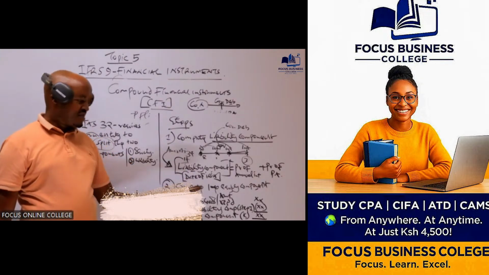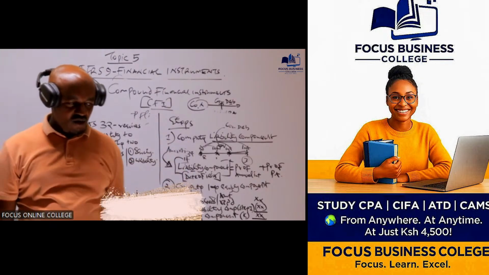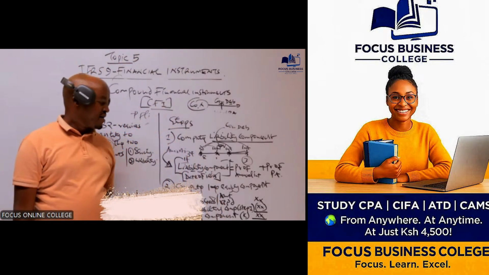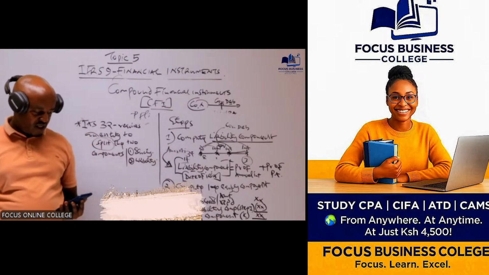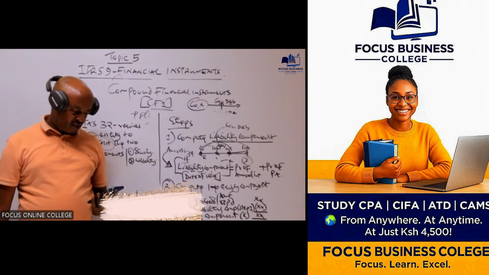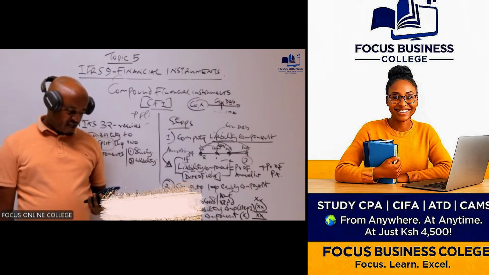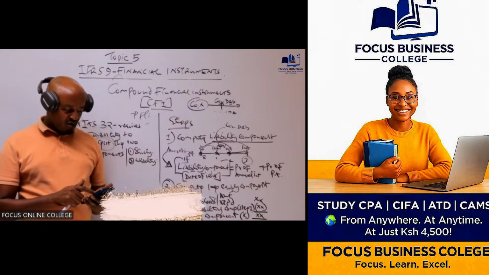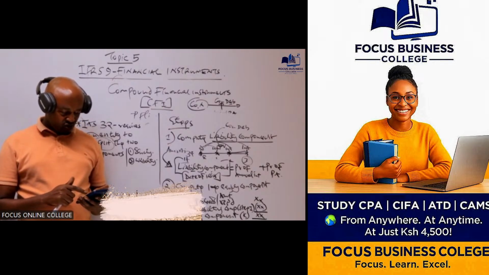So these are basically the 2 steps we follow to split the equity component and the liability component of a compound financial instrument. I think with that knowledge, we can go to the past papers.